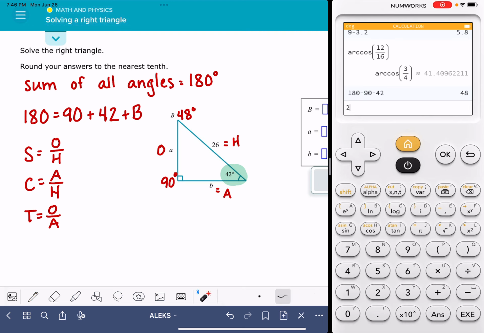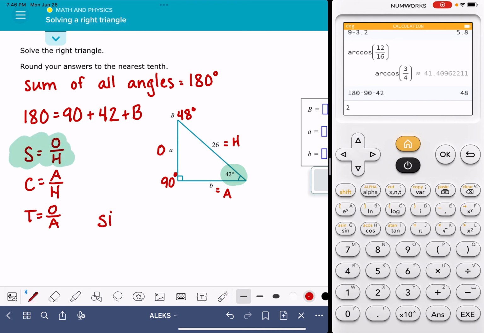So if we're trying to figure out, let's just say we're going to start with side A, we are looking for a relationship between our unknown side A and the known side length, which is the hypotenuse. So we want a relationship between O and H, and that is this relationship right here.